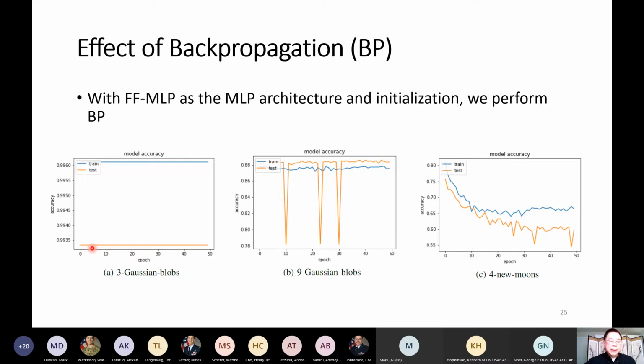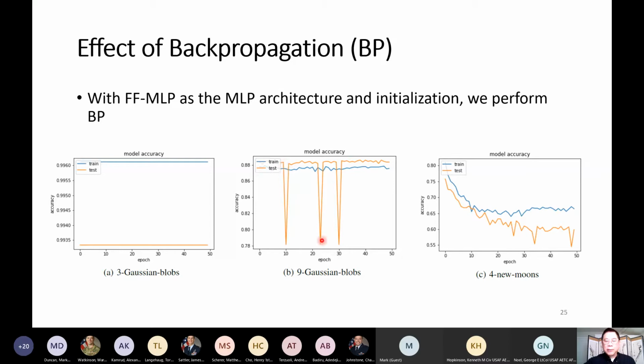You can see BP does not change any performance. The performance just stays flat. In the second case, the 9 Gaussian blob case, the training does not change much, but the testing is sometimes not very stable. At a certain epoch, the network's performance drops by 10%.